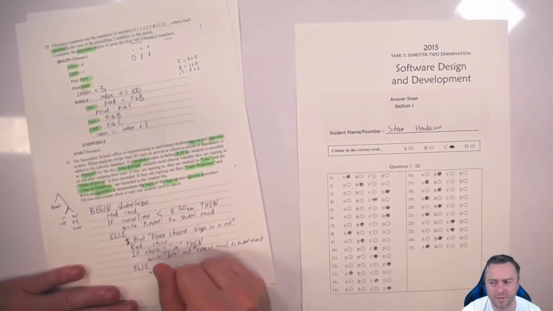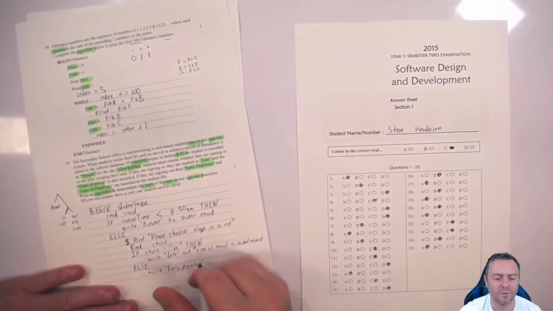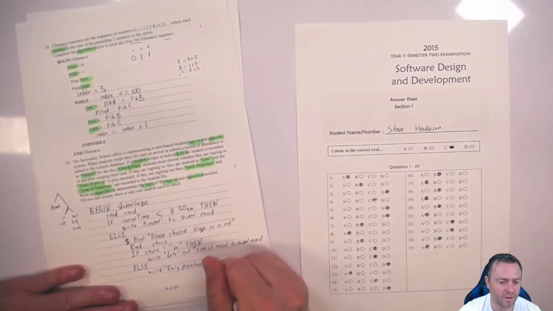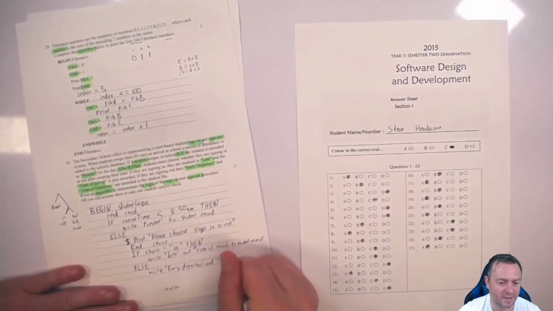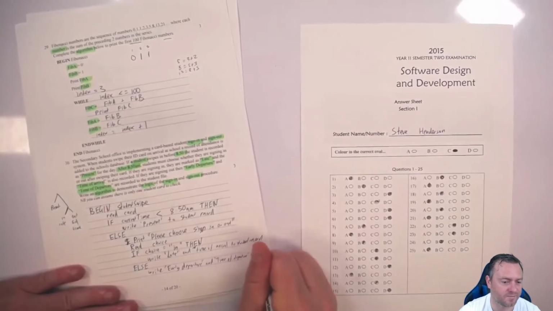And then again, this is where it's up to you if you want to use the timestamp, or if you wanted to go through in a different way, that's fine as well. So write early departure and then the timestamp. So the time of departure, and we need to write that to the student record.